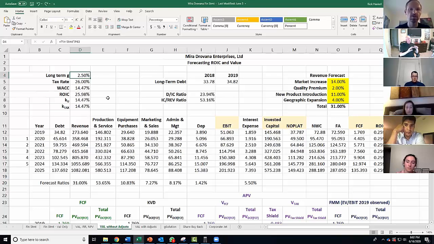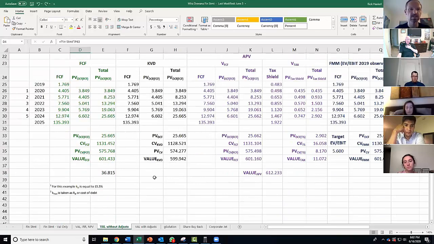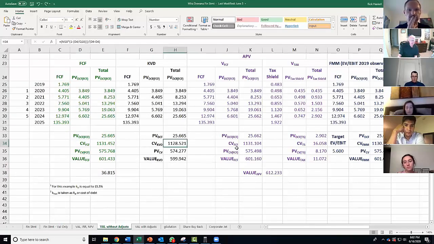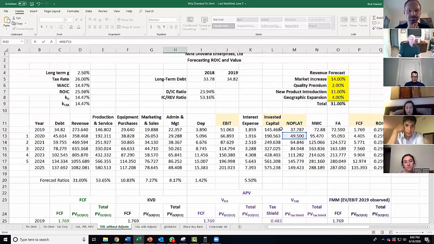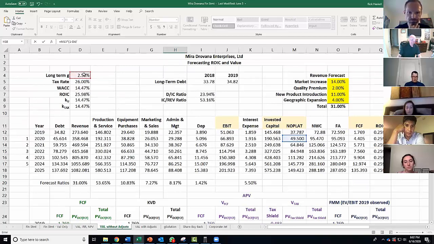Okay. In all of these, so Gordon growth, my follow-up question is, is the KVD also a single stage? If I was only using the continuing value form here as a single stage variable, I would say it equals my NOPLAT times 1 minus my G divided by ROIC.